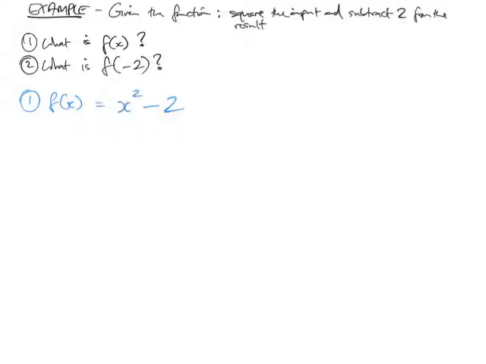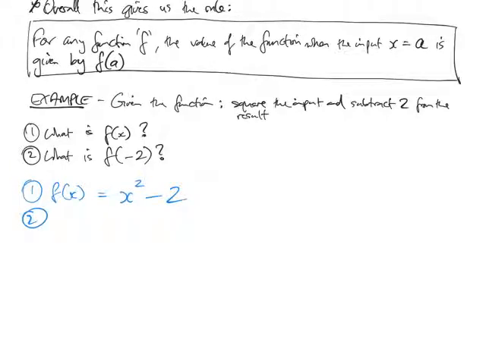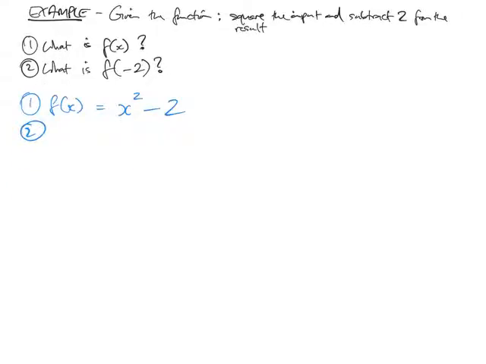Now, the question goes on to ask us what's the result when it's a known amount. And this is going back to this rule that we've established here. The value of the function when the input x is equal to an actual number is given by f of that number. So here we're being given the number, it's not x anymore.